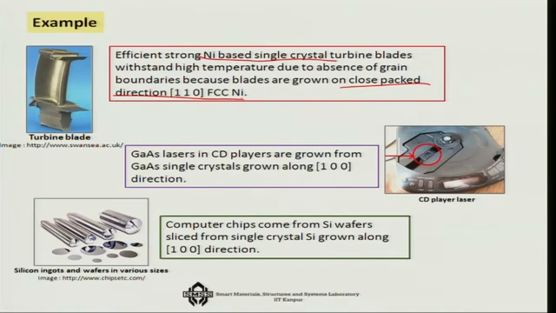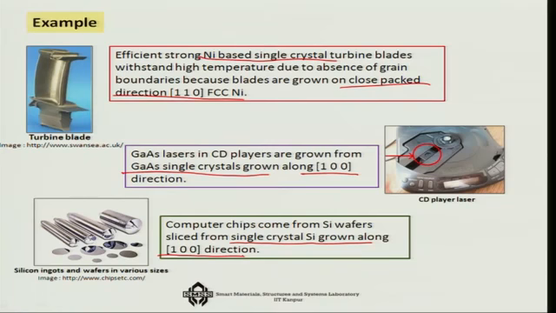A couple of other applications: gallium arsenide lasers, which are used in CD players, are grown from gallium arsenide single crystals along the 100 direction. And silicon itself, which is the single most important material in the MEMS industry and the computer industry, is grown from a single crystal of silicon along the 100 direction.